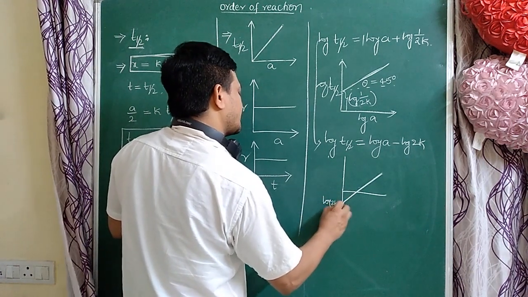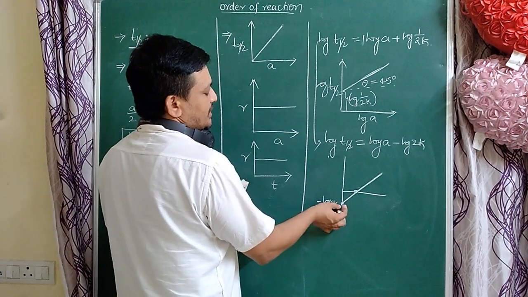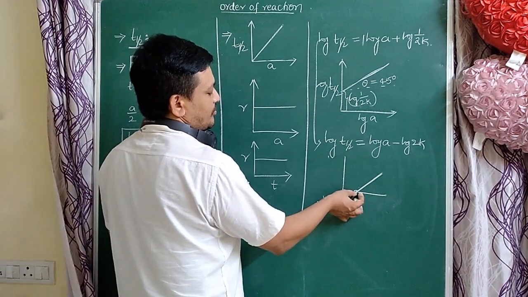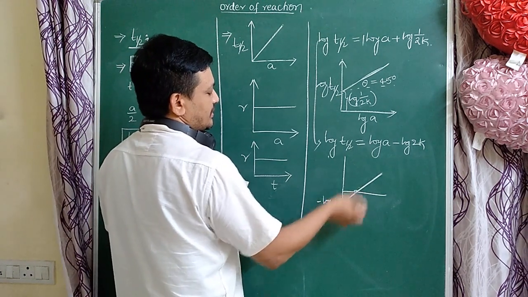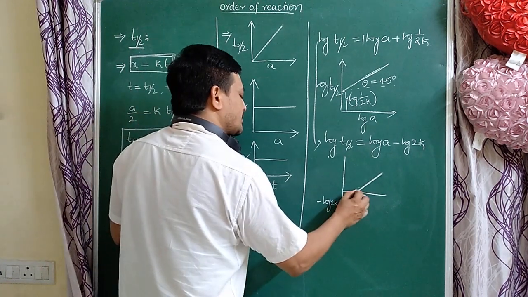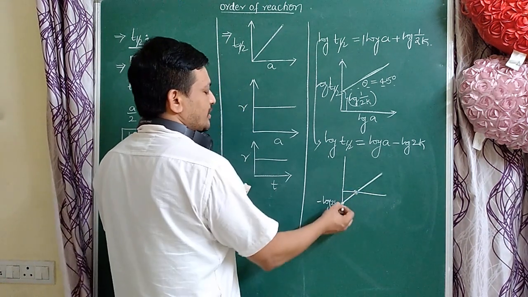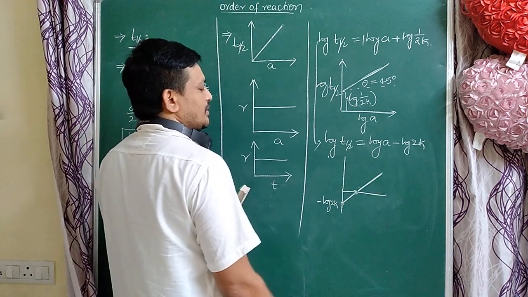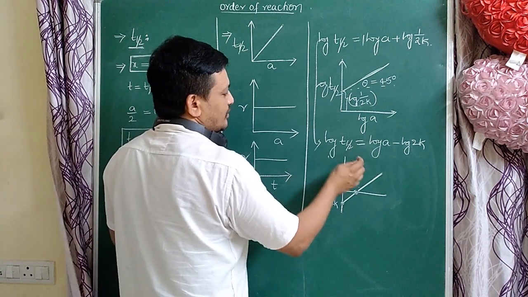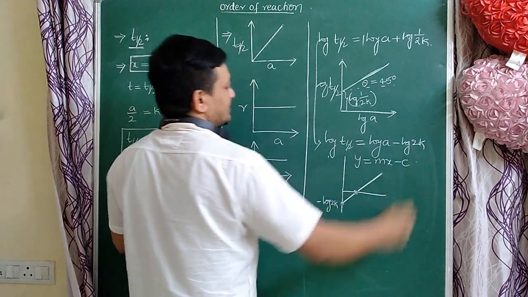This is the minus log 2k, here plus log 2k. So this point is the intercepting point. This is the negative intercept, this is the positive intercept. So this is y equals, what is the form? y equals mx minus c.